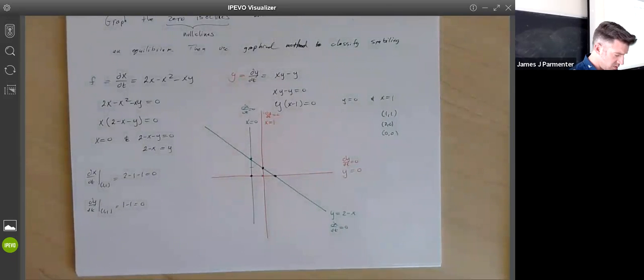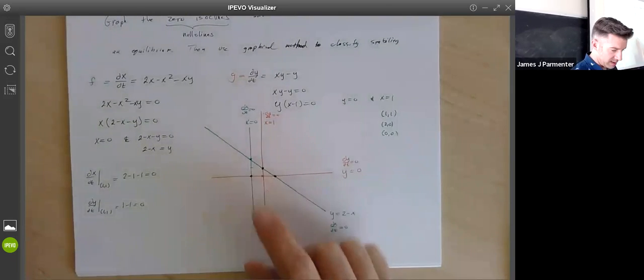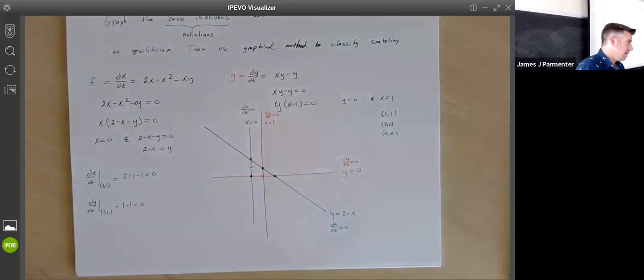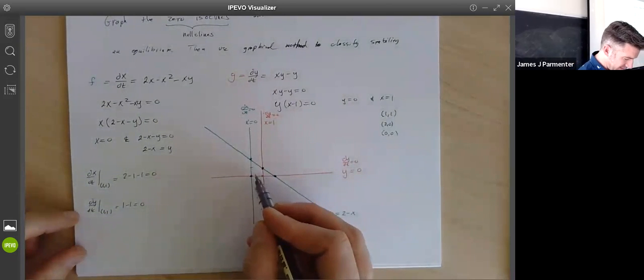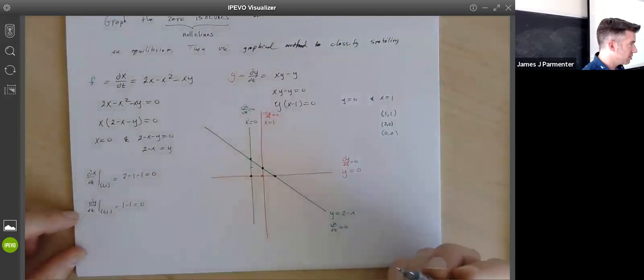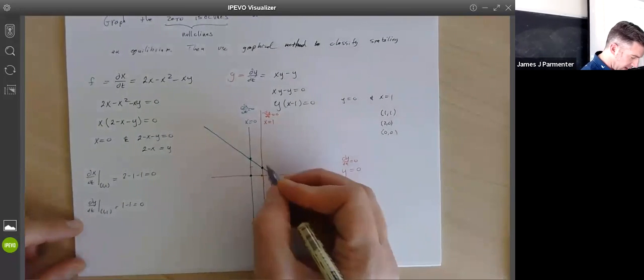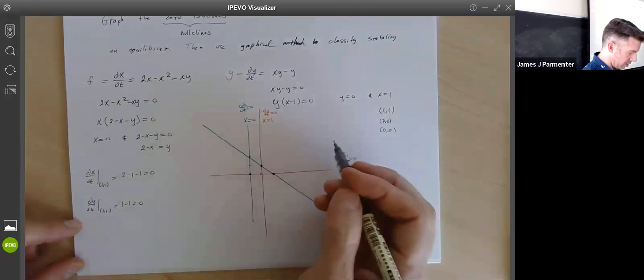Now we're going to use the graphical method to see what's going on. I typically like to start by plugging in some point that I know isn't on a nullline. I'm going to pick 2, 2. It's easy to grab, way out here, and definitely not on any of these nullclines.